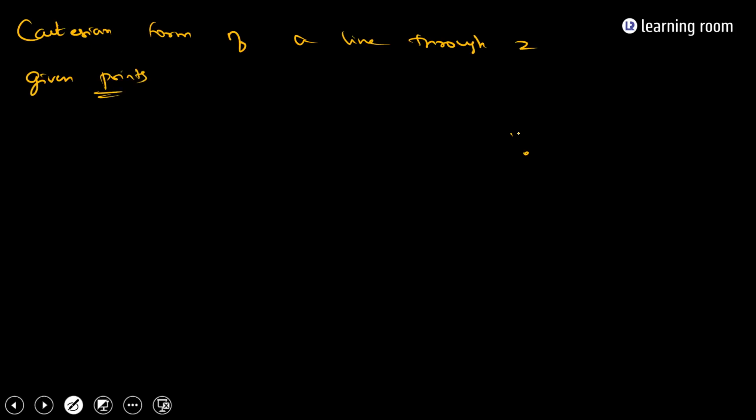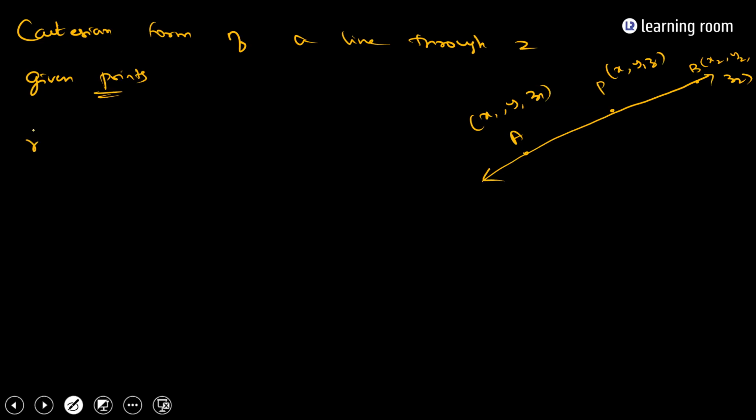So if I take A to be x1, y1, z1 and B to be x2, y2, z2, then the equation of the line is going to be R vector is equal to A vector plus lambda times B vector minus A vector.